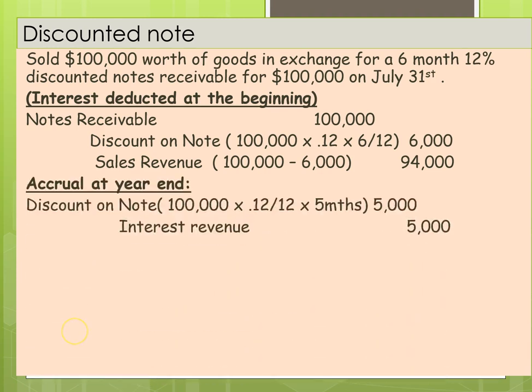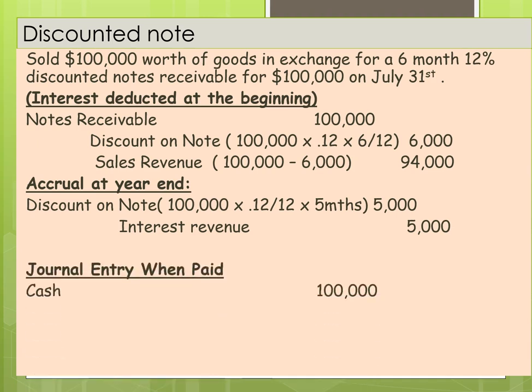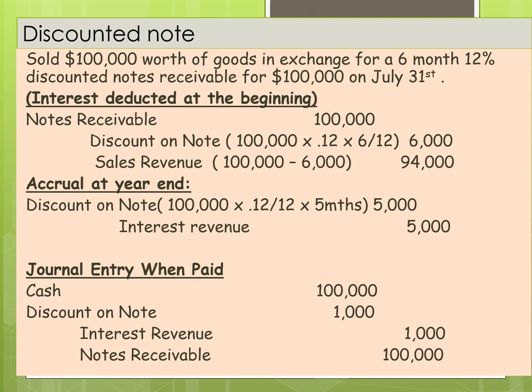At year end, we're going to accrue our interest, and when we accrue it, we take it out of discount on note. Then when the note is actually paid, we're going to book our cash, take the notes receivable off the books, and book our additional 1 month of interest. So now the discount on note would equal 0, and the notes receivable would be off the books.